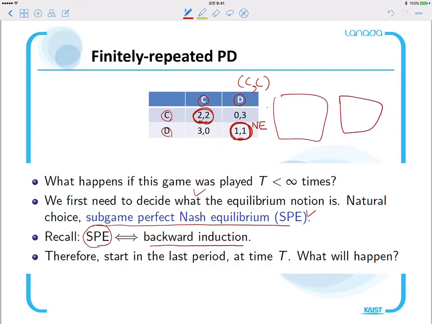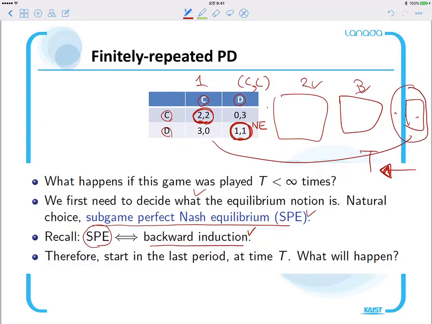This game will be repeated: 1 time, 2 time, 3 time, and we have some t time, or t stage if you like. In order to run the backward induction, we need to go in this direction. So we first look at the one-stage game in the last period, or last stage.